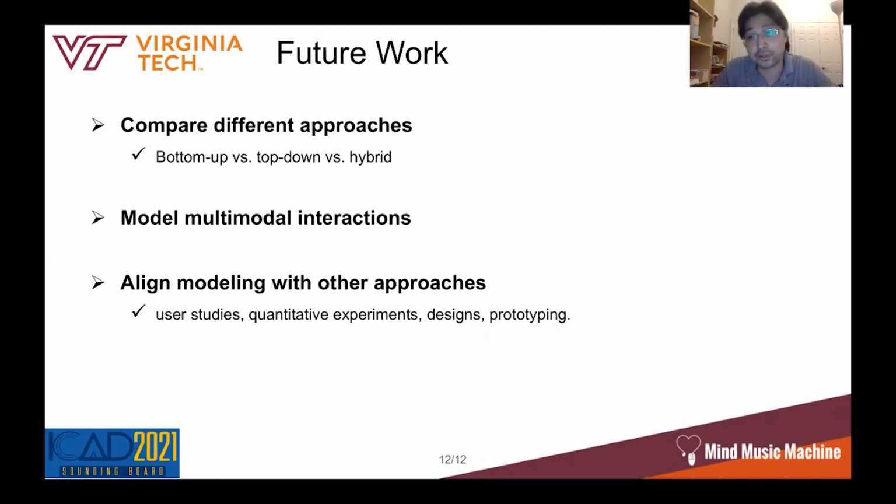So we are starting to build a model in auditory display, and we can probably build different models about multi-modal interactions, not just visual, not just audio. And then we can also think about how these computational modeling approaches can be aligned with other traditional or classic research methods.